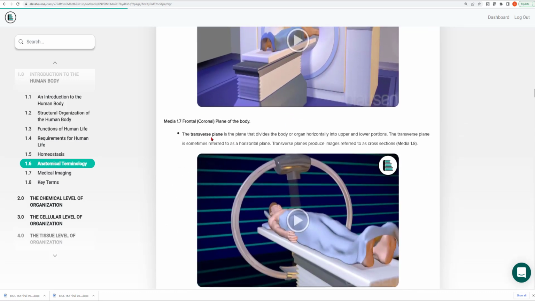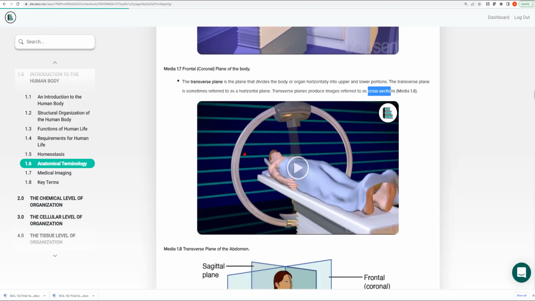And then finally, there is the transverse plane. The transverse plane has two other names. It's also called the horizontal plane. It's also called cross section. And in a transverse or horizontal or cross section, you're producing upper and lower portions, superior and inferior portions.